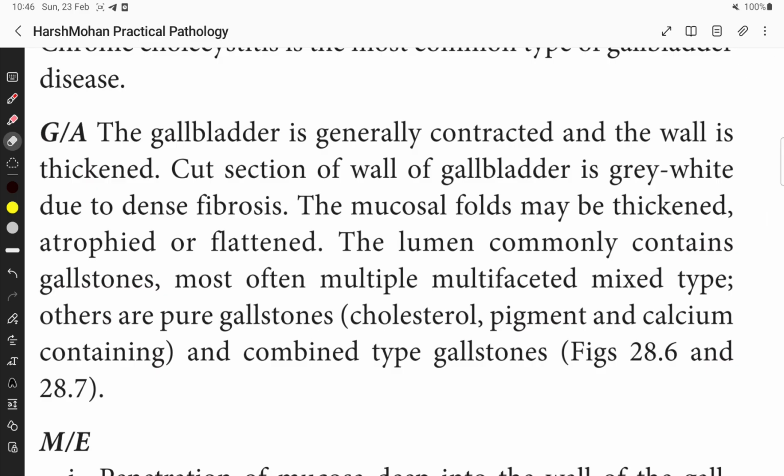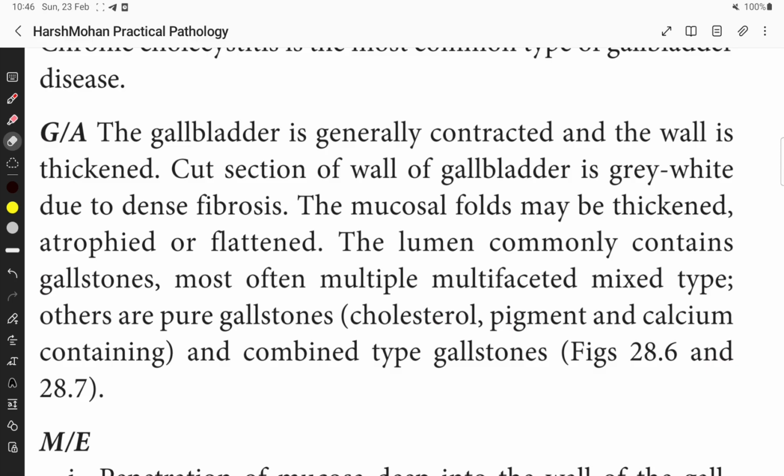The cut section of the wall of the gallbladder is gray white in color because of dense fibrosis.